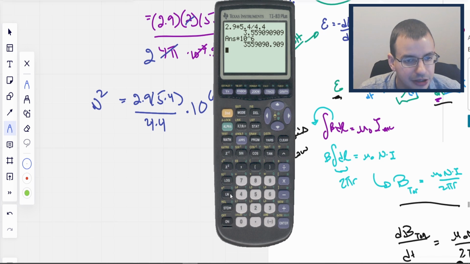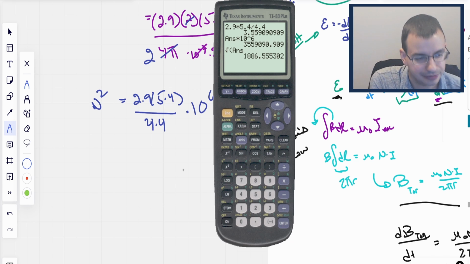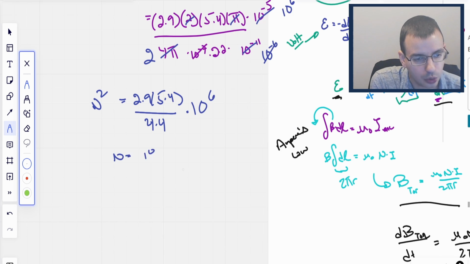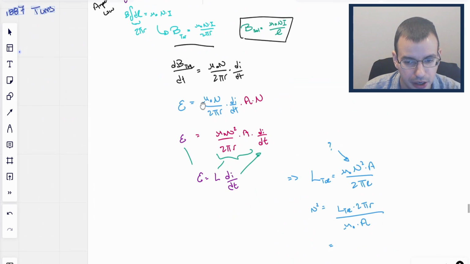And so when we go back to our second square root, second answer, that gives us 1887. N equals 1887 turns.